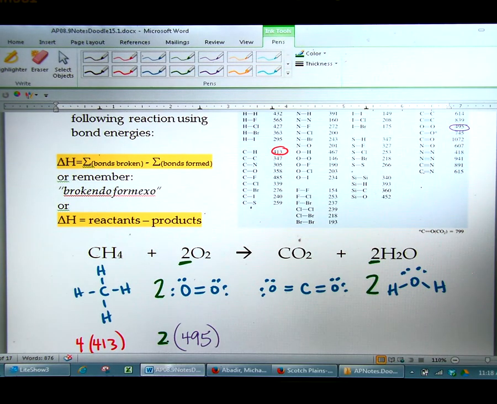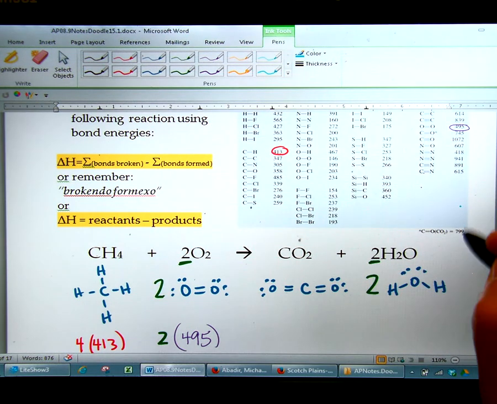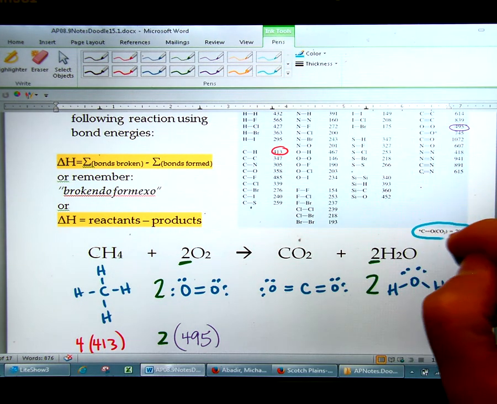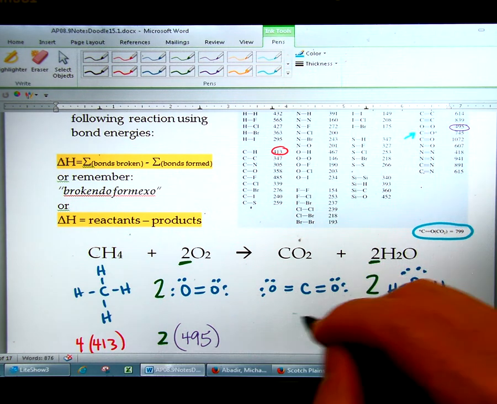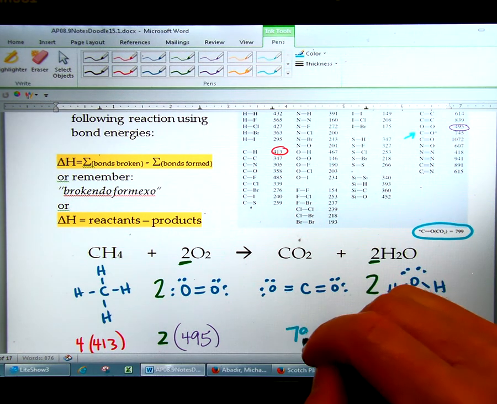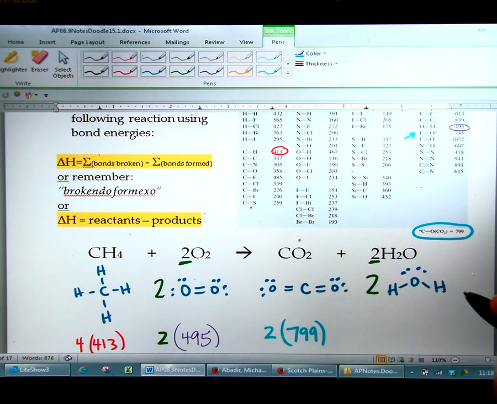Now we're going to look up the CO2. And CO2, you have to be careful. You have to use this one over here for the CO double bond. There's another one that's up top right here. This is not the right one because it says for CO2, you have to use this. So it's 799, but again, you do have two of them in the molecule, so you have to put a 2 there.